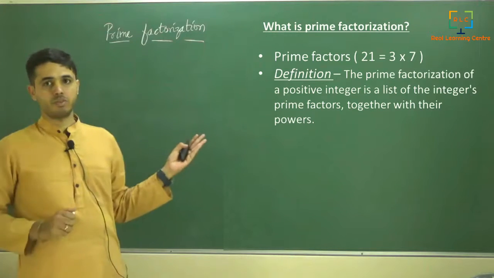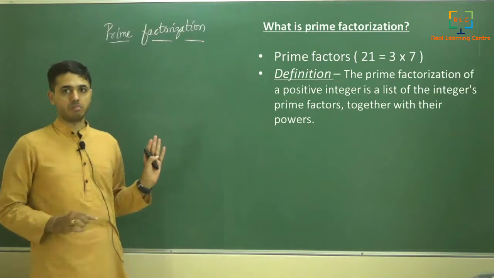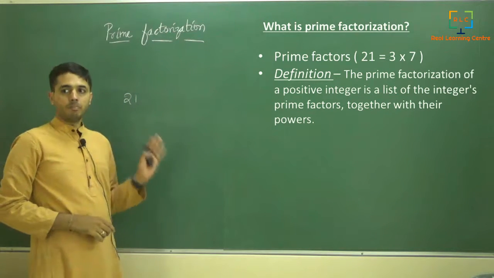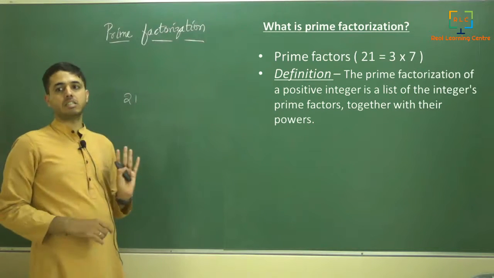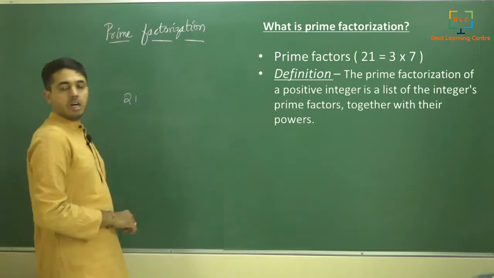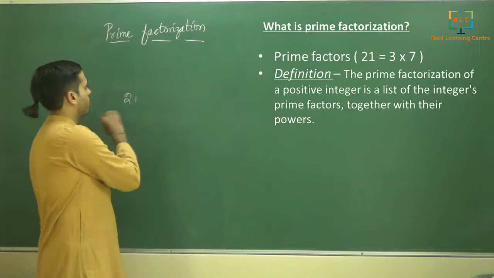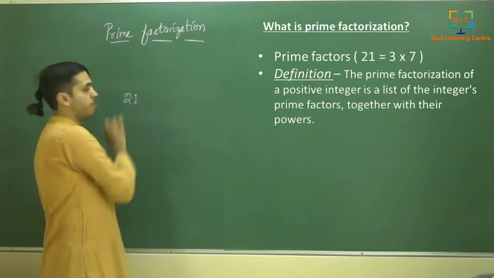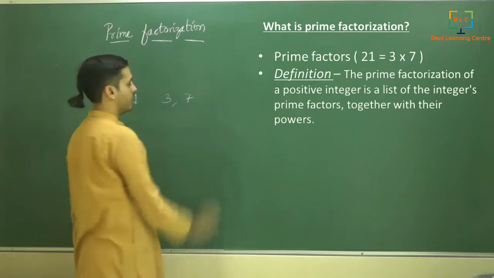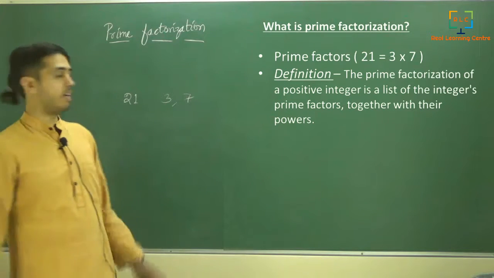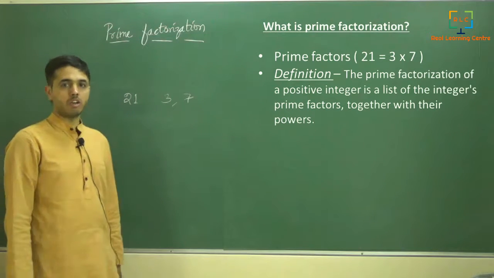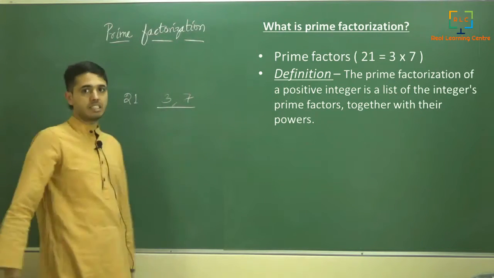For any given positive integer, in our example 21, prime factorization is a list of integers which are the prime factors of this number. For example, the prime factors of number 21 are 3 and 7. 1 is not a prime number, and 21 itself is another factor of 21, but it is a composite number. So the prime factors of number 21 are 3 and 7.